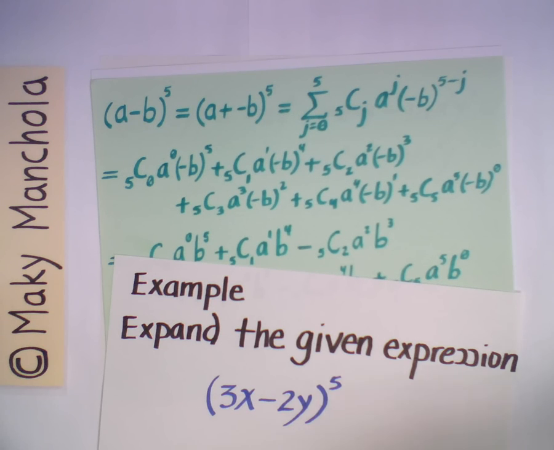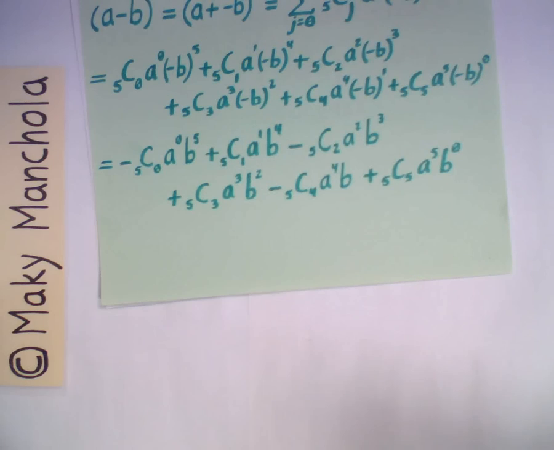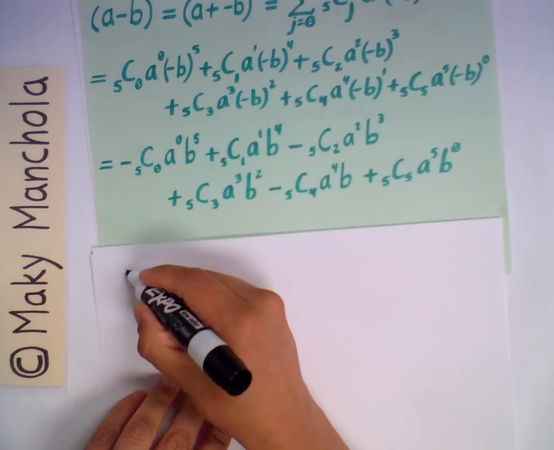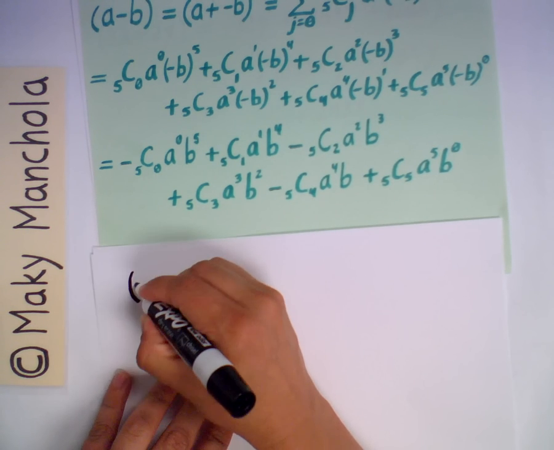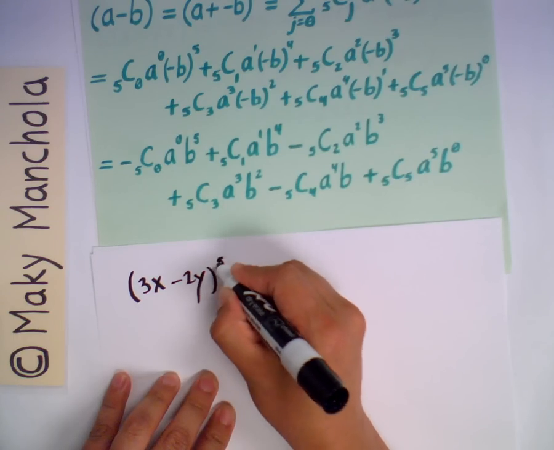I'll do a little bit of this work to see the result. We're expanding 3x minus 2y to the fifth.